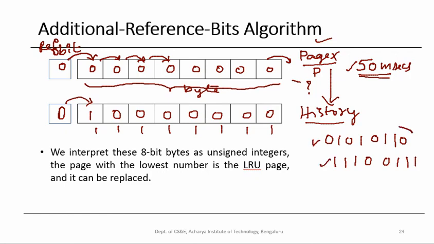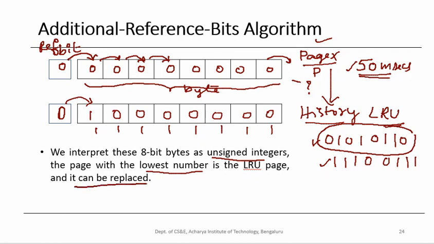Whichever page has got the lowest value attached to it, that is the least recently used page. So that's what I have written here. If you interpret this 8-bit value as an unsigned integer, the page with the lowest number is the least recently used page, and it can be replaced when we have to replace a page to fit a newly requested page into the main memory.